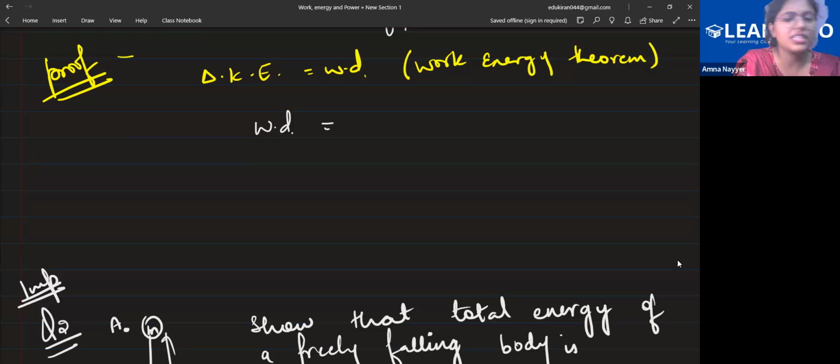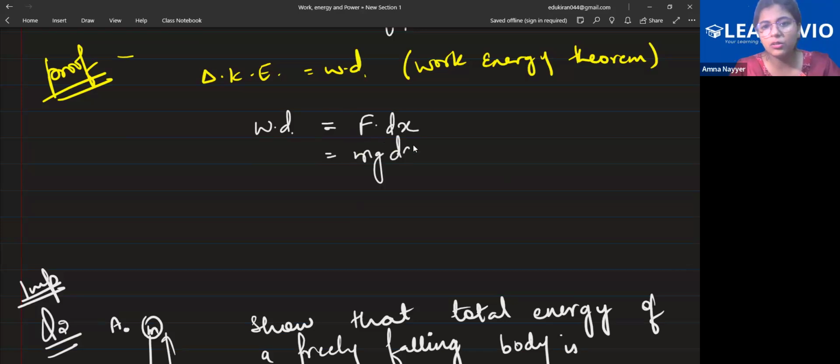What is the change in kinetic energy? This is equal to half mv square, right? What is work done? We have studied that work done is force into displacement. Now force is mg into dx. This is the work done. Basically, you can say work done is equal to change in potential energy.